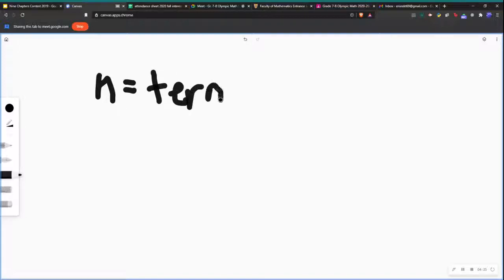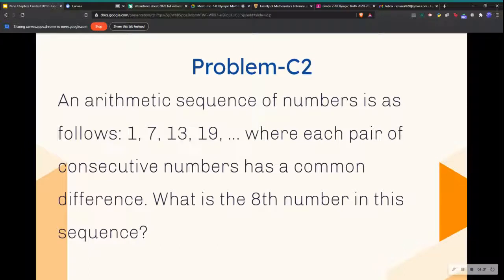To solve these kinds of pattern problems, we usually express the pattern with some kind of formula. You let a variable n equal the term number. The term number is basically where the number is within the pattern.